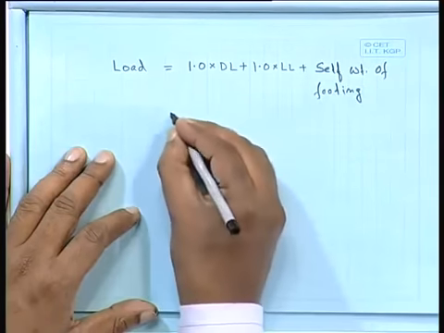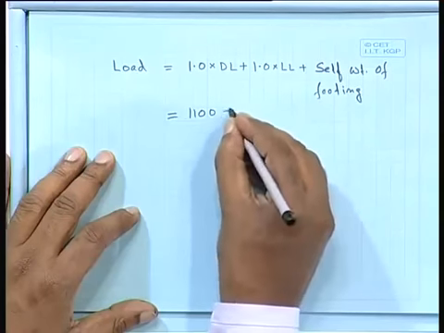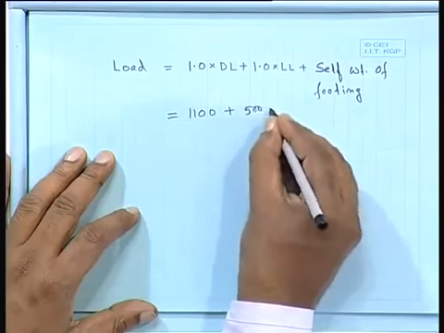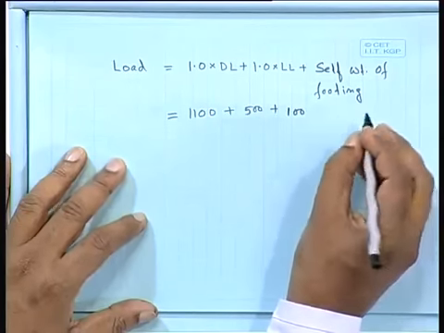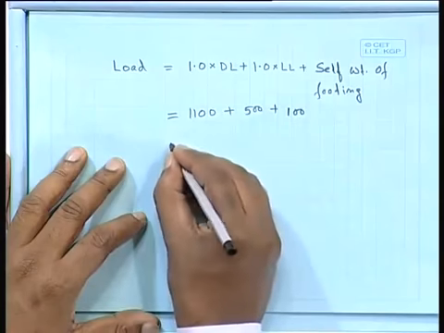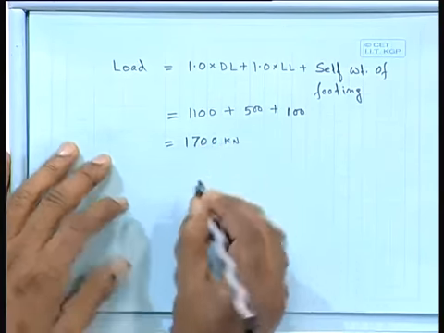Okay. So which comes as 1100 plus 500, and let us take 100 kilonewton as self weight. So which is coming as 1700 kilonewton.